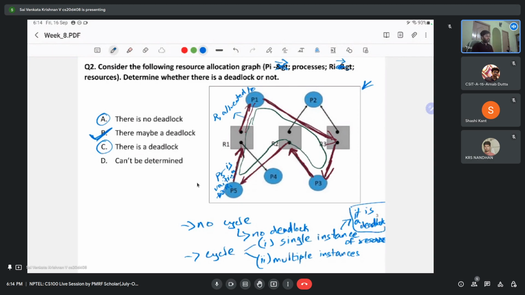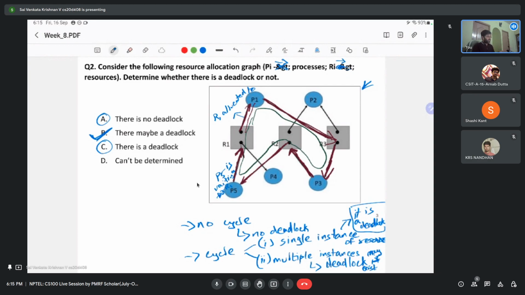Whereas if there are multiple instances of the resource and a cycle is forming, it is not always that a deadlock exists. So deadlock may exist. If the cycle is not there at all, then we are sure there is no deadlock.